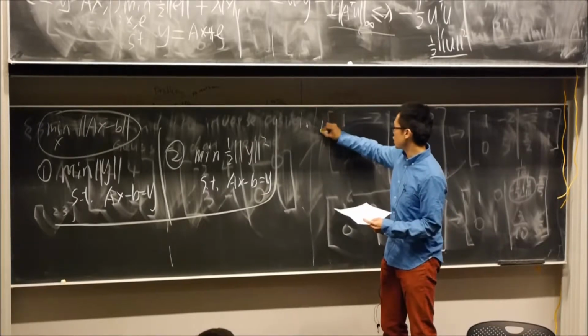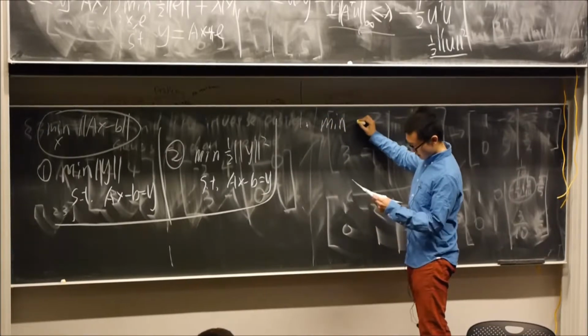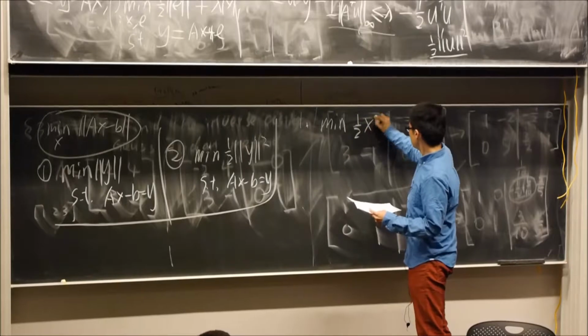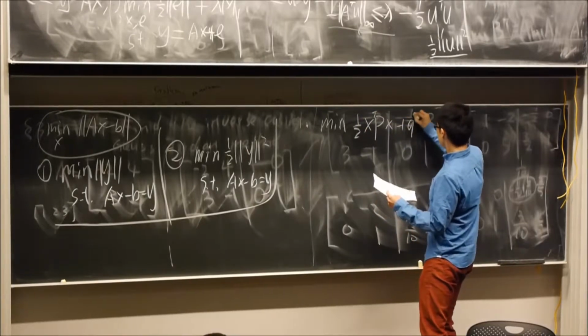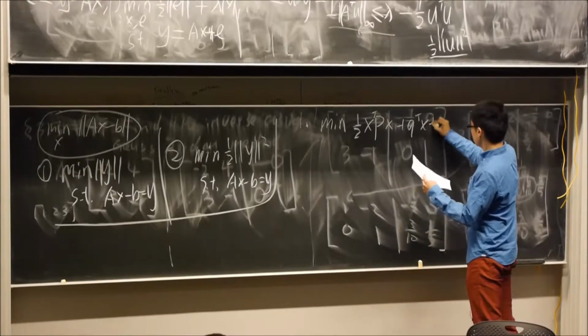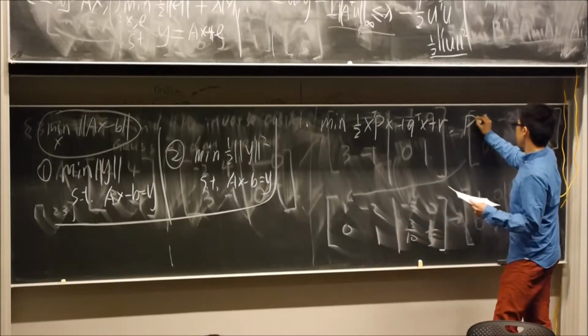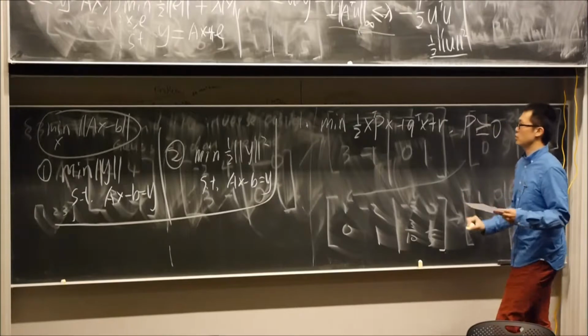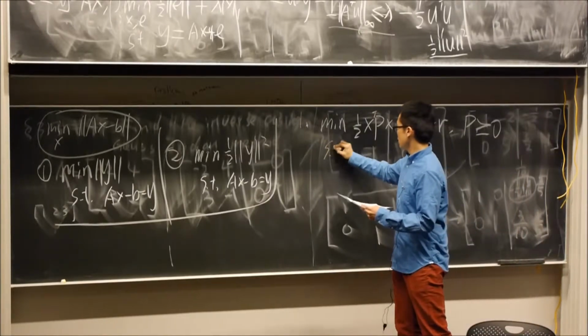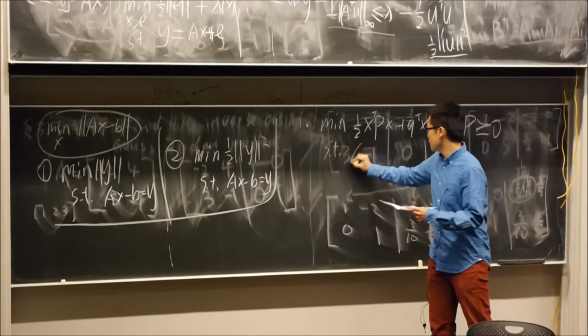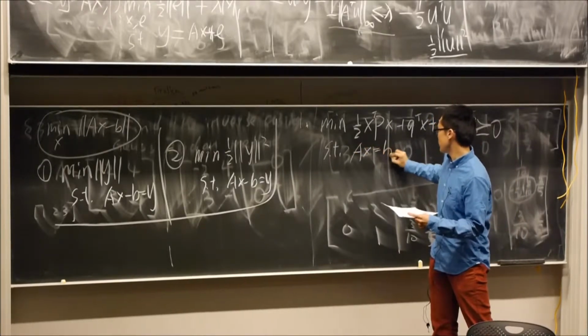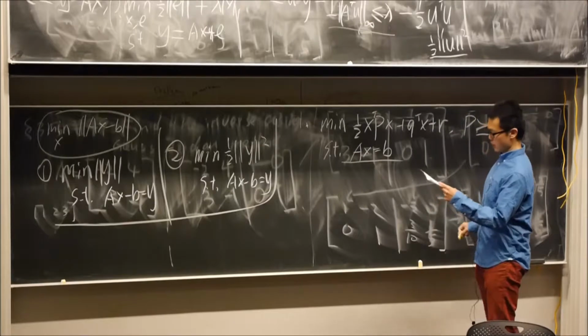Say, consider this QP. Note that this P is a positive semi-definite matrix, so this QP is well convex. And to make things more complicated, we add an equality constraint here.